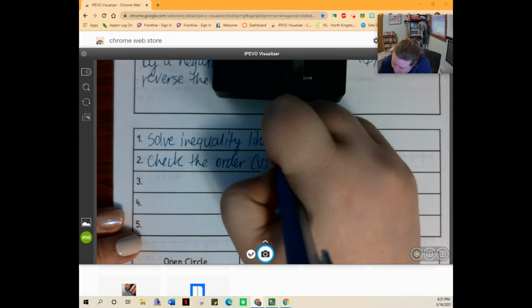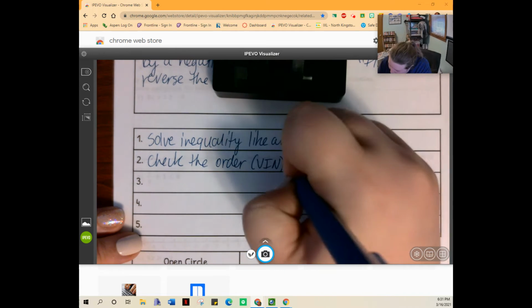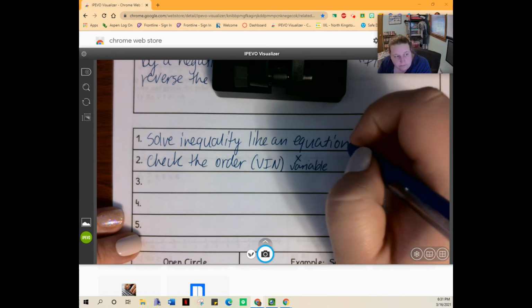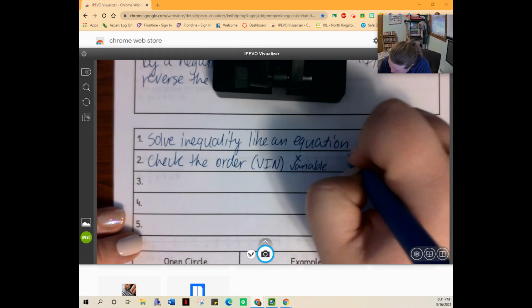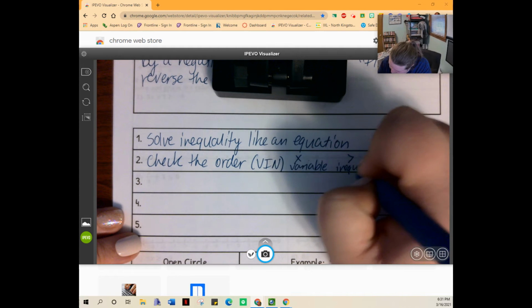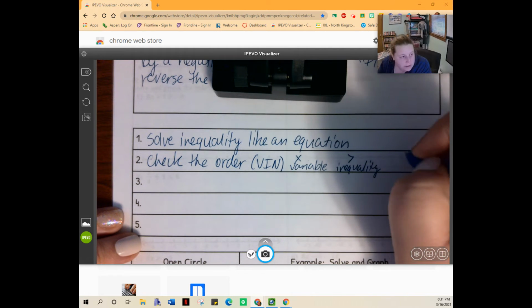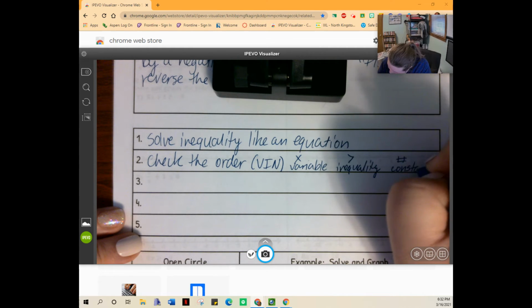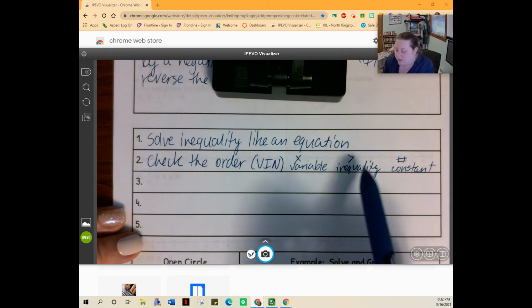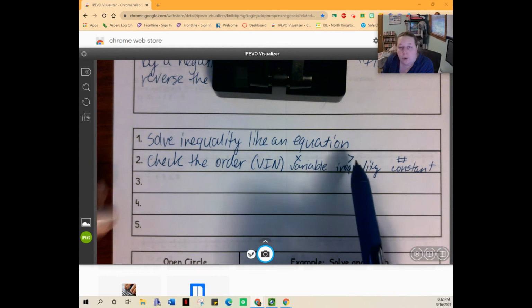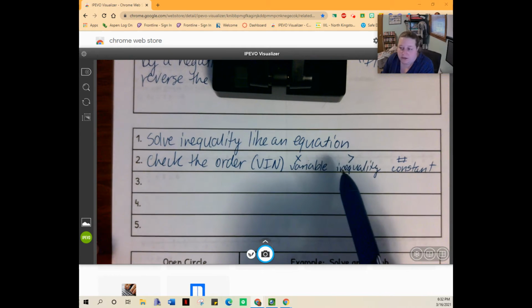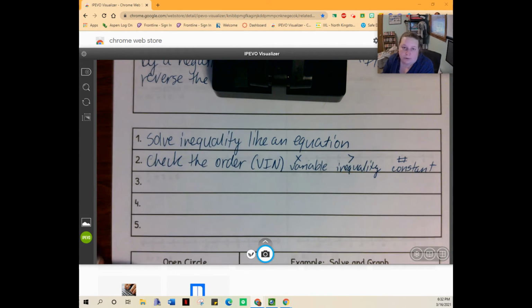So we want a variable, inequality symbol, and then some number, which is going to be a constant. Now I want to remind you, it doesn't have to be this specific inequality symbol. It could be any of the 4 that we're using. I'm just putting this here as a reference, but this will represent some number, okay?